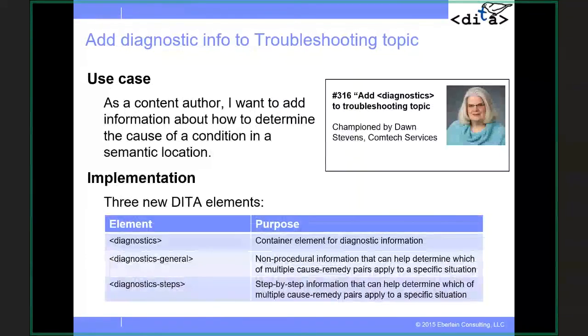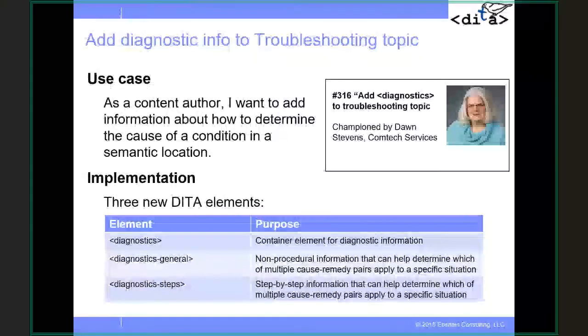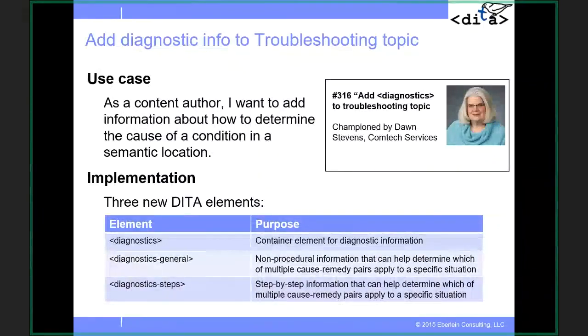We know that folks have needed a place to put diagnostic information, and they've gone through quite a number of hacks since the introduction of the troubleshooting topic with DITA 1.3 to be able to provide it. No need for those hacks. In DITA 2.0, we have clean, clear semantic elements in which you can locate the diagnostic information.